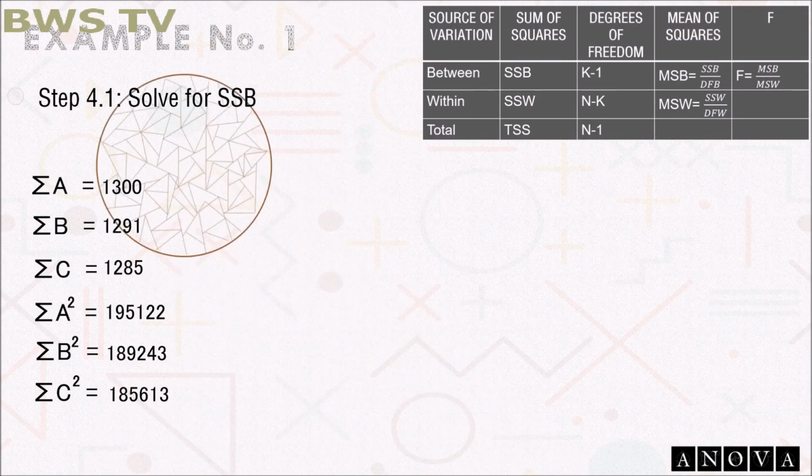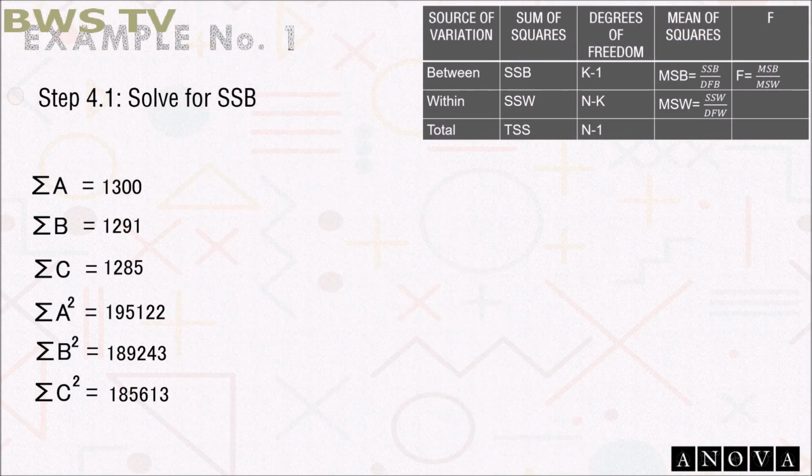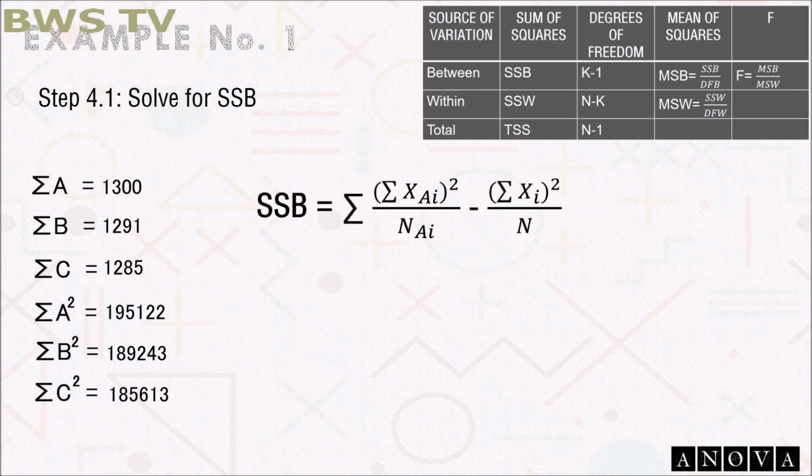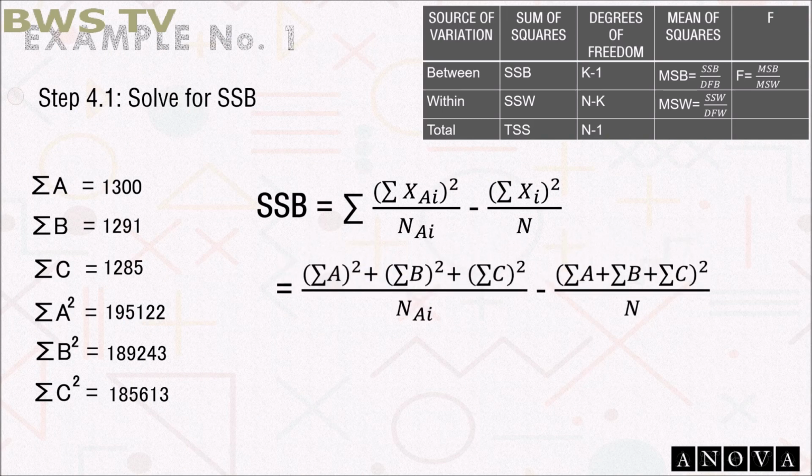So let's start with solving for SSB. All we have to do is to substitute the formula. In simpler terms, the formula can also be written like this: summation of a squared plus summation of b squared plus summation of c squared over n sub ai, minus summation of a plus summation of b plus summation of c, squared, over n.